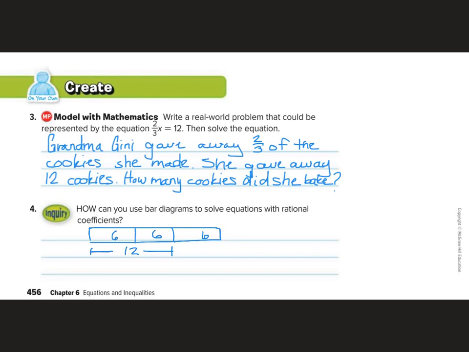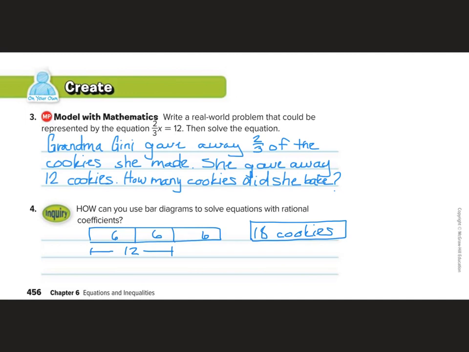I can multiply 6 times 3, so I know that Grandma Ginny made 18 total cookies. So that was an example of how you can use bar diagrams to solve equations with rational coefficients.